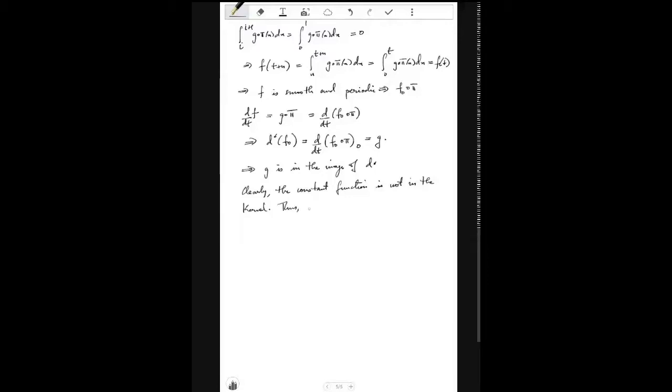Thus, we may write K direct sum R, there's an isomorphism to Γ(X, O_X).